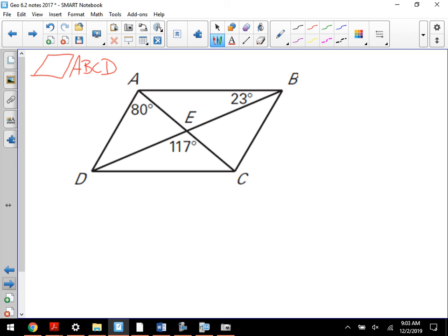The vertical angle of that would be AEB. So right off the bat, you know that this side here is also 117. From that, you have two angles of a triangle, 117 and 23.